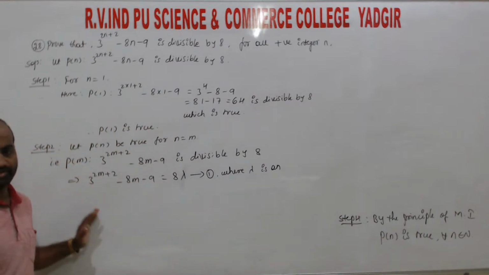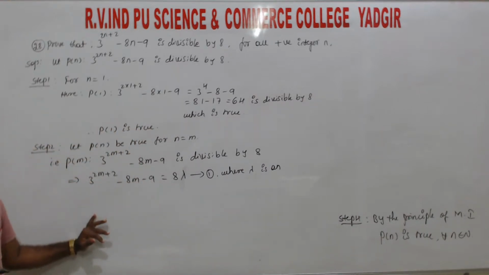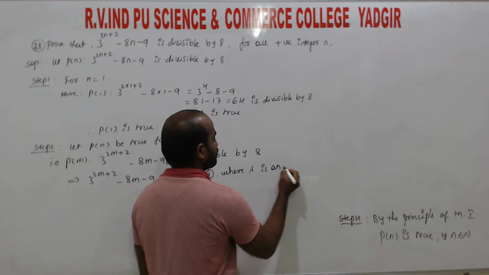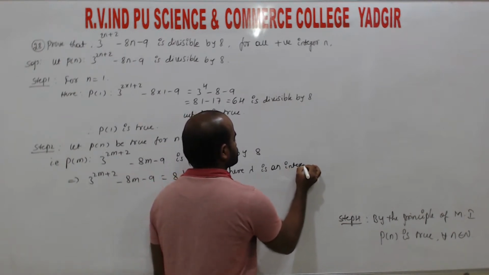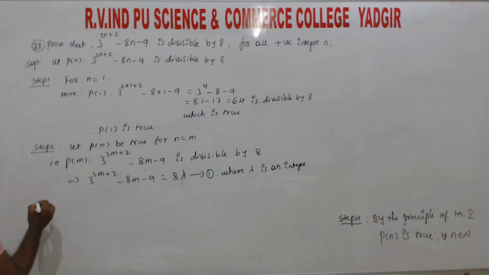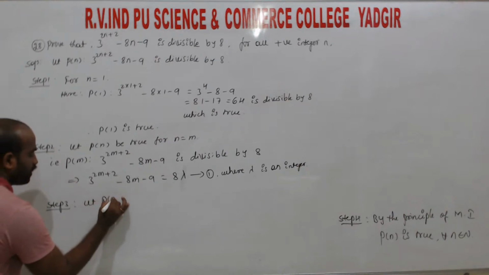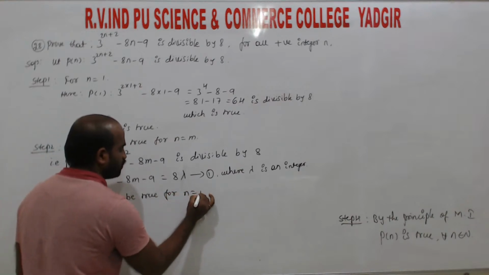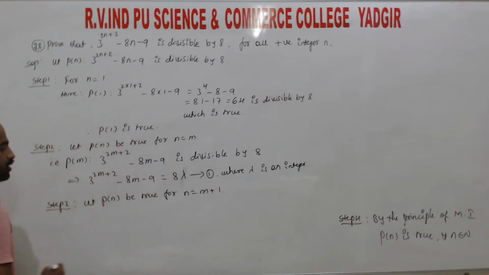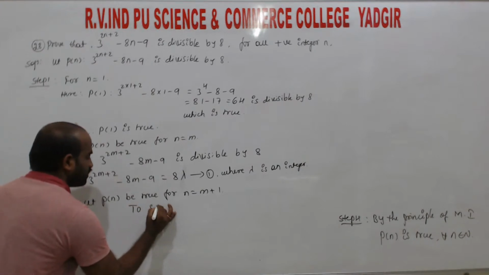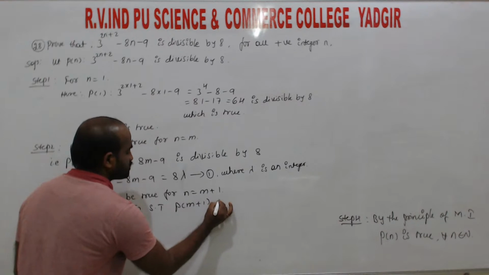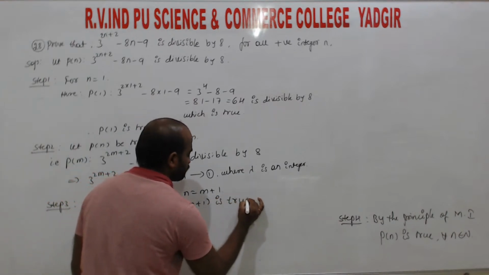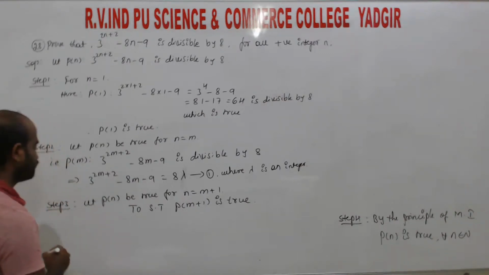Next, step 3. Let P of n be true for n equal to m plus 1. We need to show that P of m plus 1 is true.